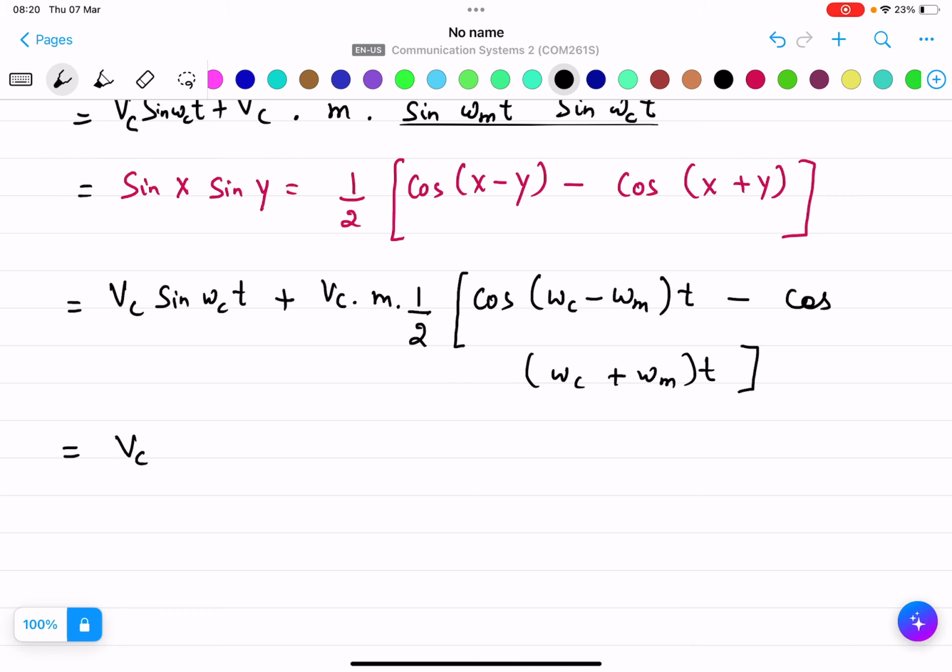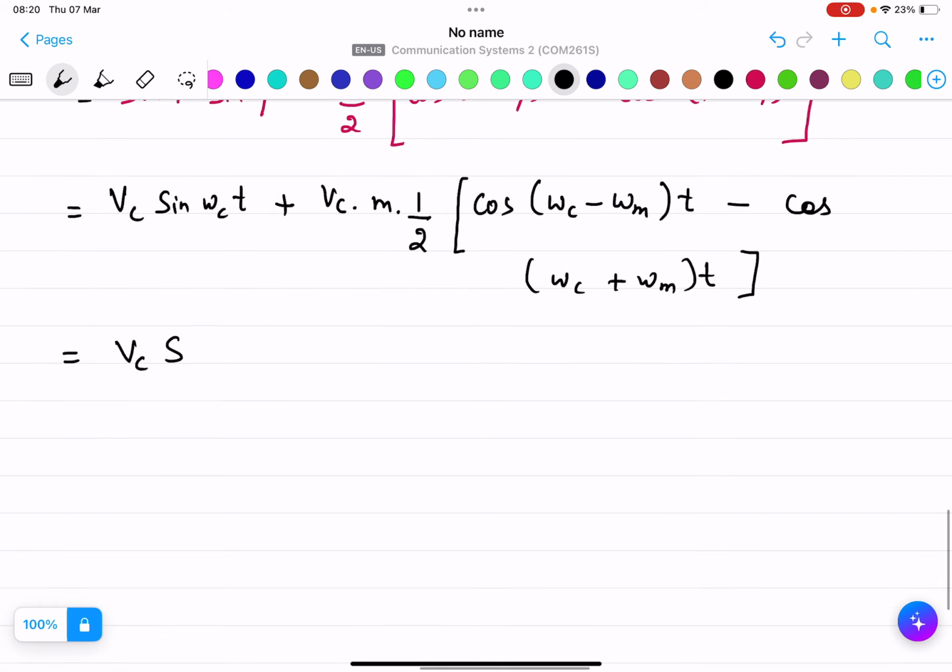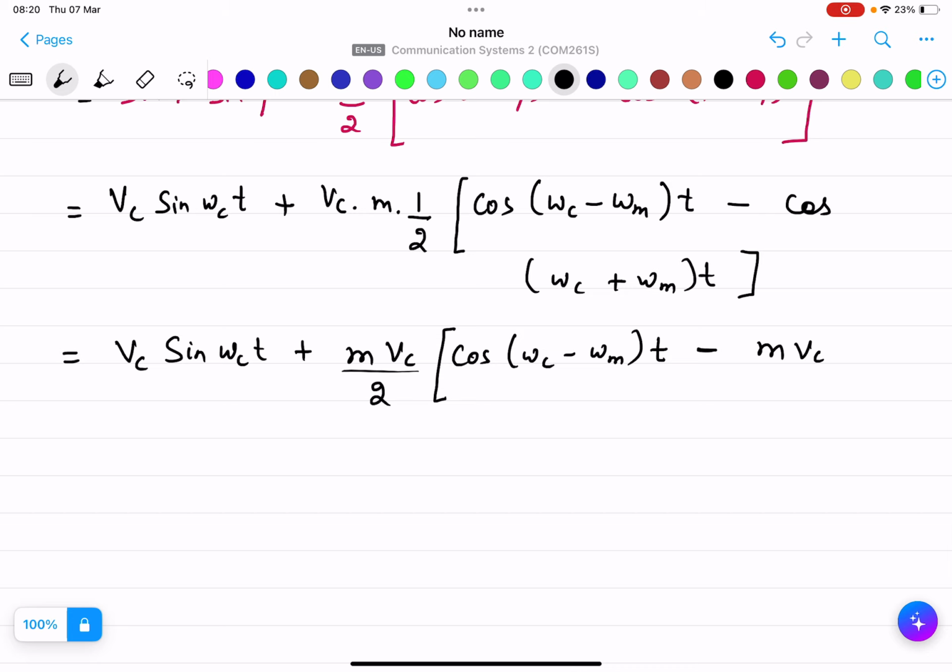So it will be Vc sine omega ct plus m Vc by 2 cos (omega c minus omega m) t minus m Vc by 2 cos (omega c plus omega m) t, right?